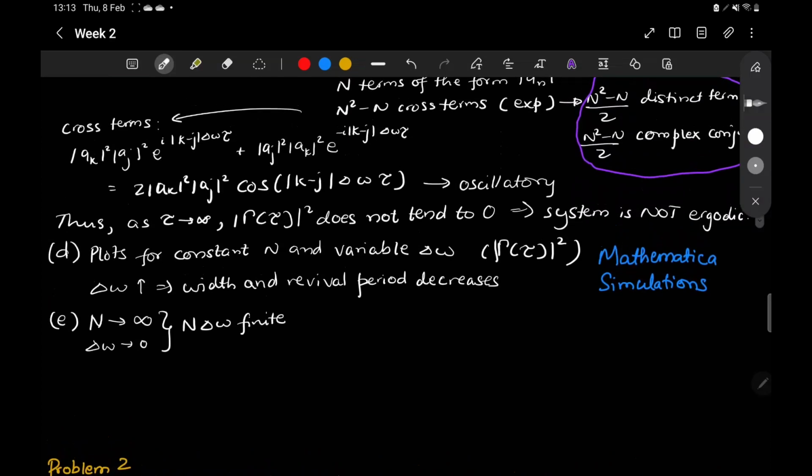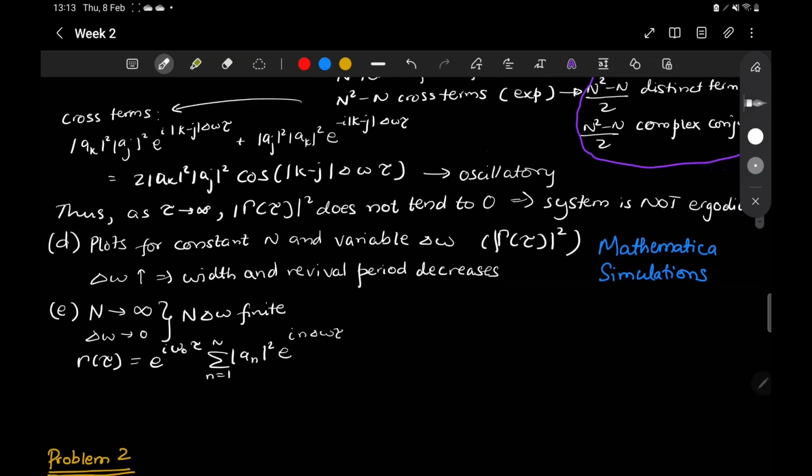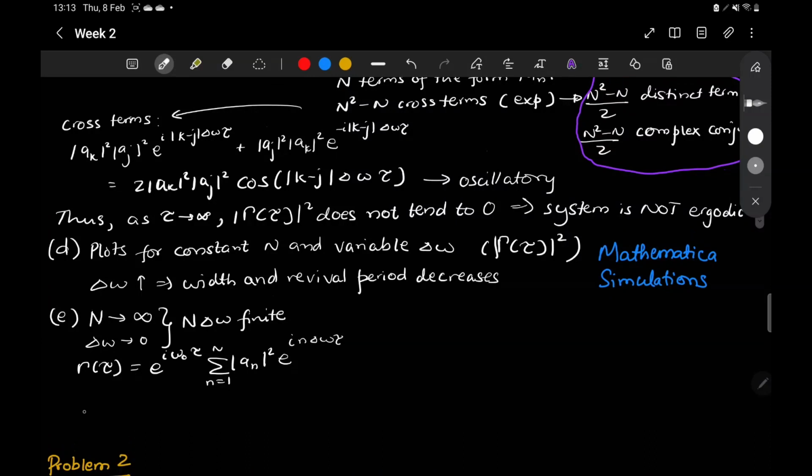So let us write down the expression for gamma(tau) once again. Now with n tending to infinity and delta omega tending to 0, the summation will tend to an integral.